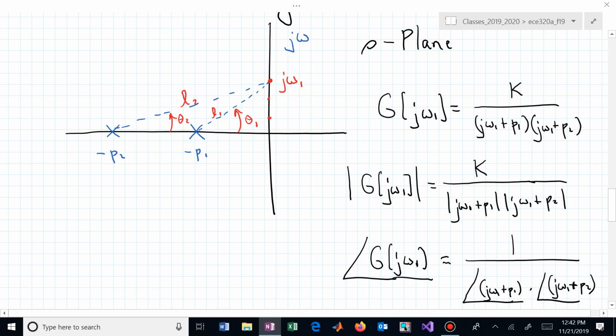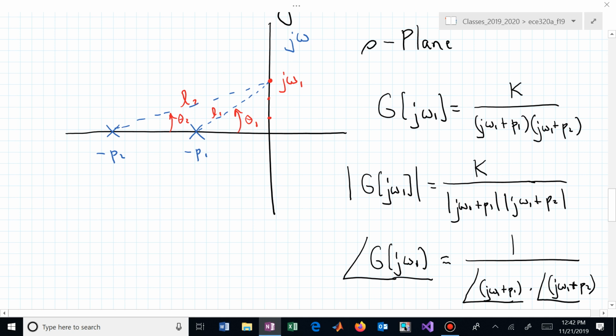You could say, oh, it's the inverse tangent of the vertical distance, which is omega 1, divided by the horizontal distance, which is P1. That's now theta 1. Theta 2 is determined similarly. Now you have those two angles that those two poles contribute.